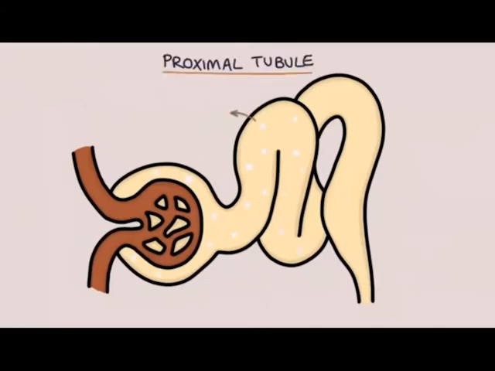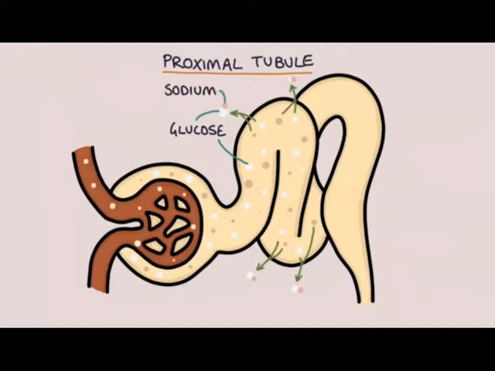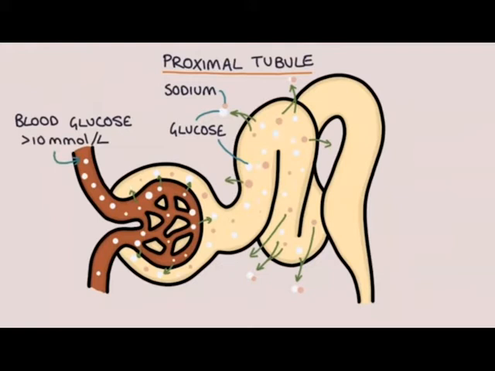Glucose is actively reabsorbed in the proximal tubule along with sodium. Normally, glucose is filtered passively into the filtrate in the glomerulus, and under normal conditions, all of this glucose is reabsorbed in the proximal tubule, so you shouldn't find any glucose in the urine. Where the blood glucose exceeds about 10 millimoles per litre, the proximal tubule doesn't have enough capacity to reabsorb all of it, so you'll start to see glucose appearing in the urine.